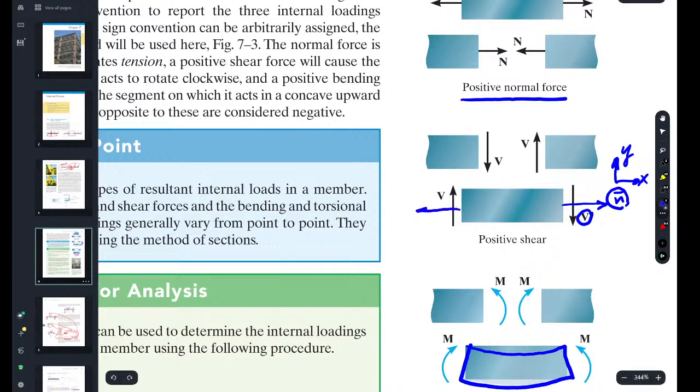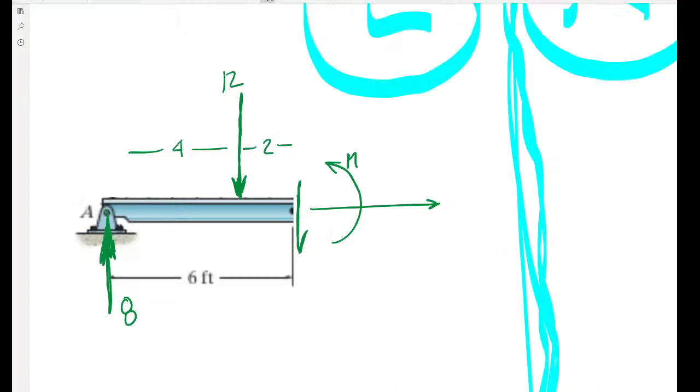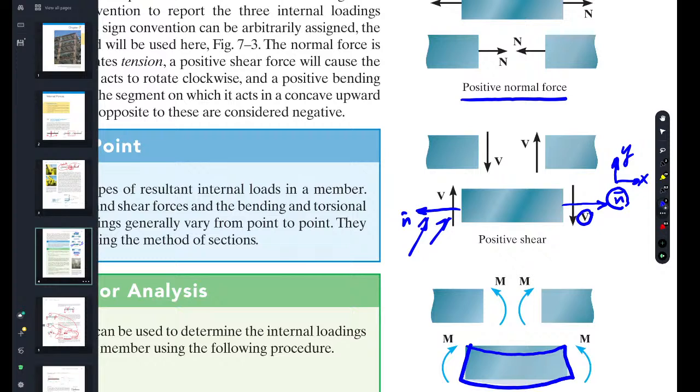Okay, this is in the negative x direction, positive y direction. So if you go back to our drawing, on the right side, the shear must go down if it's presented on the right. Now, I'm going to do this on both drawings in a second.